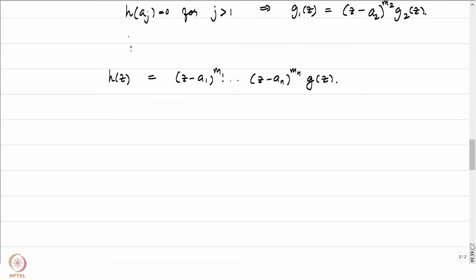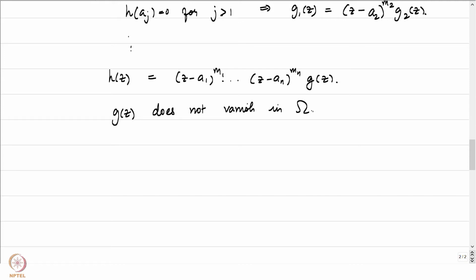Now the good thing about g of z is that this does not vanish in omega, because if it vanishes in omega, that will be a 0 of h, but we know exactly what the zeros of h are. The only points which map to alpha by f are the zeros of h, and we know that a1, a2 up to an are the points which map by f to alpha, and therefore these are the zeros of h.